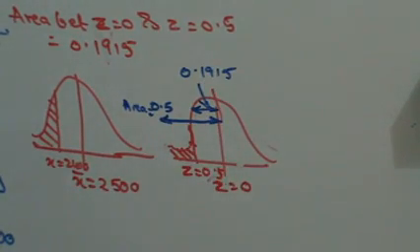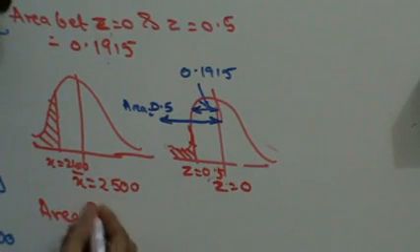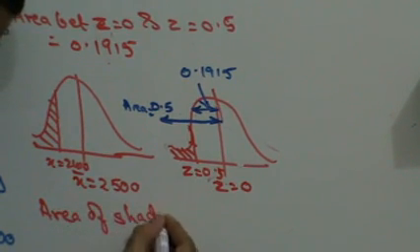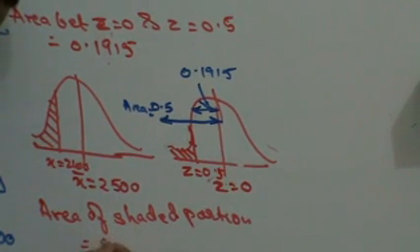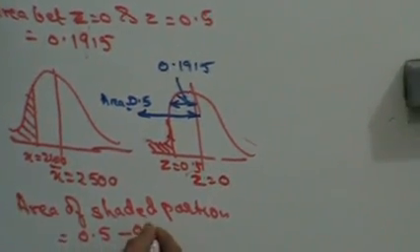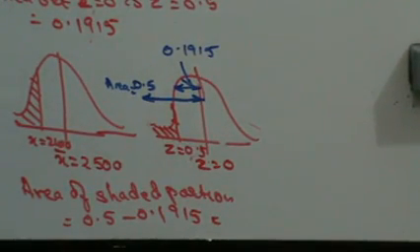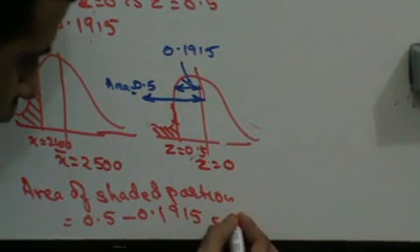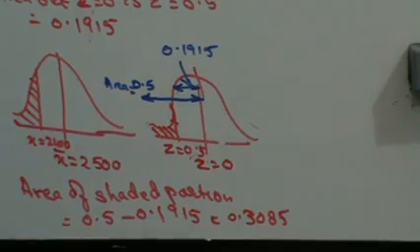In that case, what will be the area of the shaded portion? Area of shaded portion is going to be nothing but 0.5 minus 0.1915. Can someone please subtract this and tell me how much it is? 0.3085.